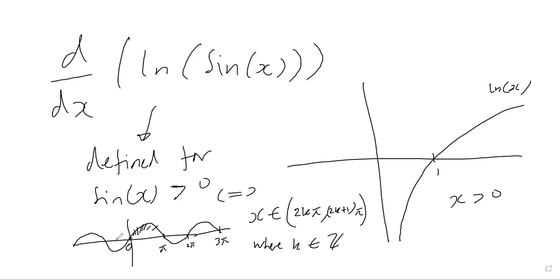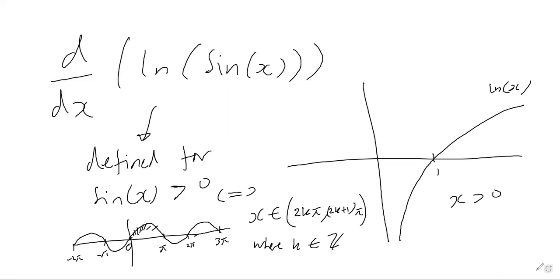So yeah, it can be the same with the negative values as well. So that's how that's defined. And obviously with these negative values, you've got minus pi there, minus 2 pi there. So as long as x is between this range of values here, then we have a defined log of sine of x function.